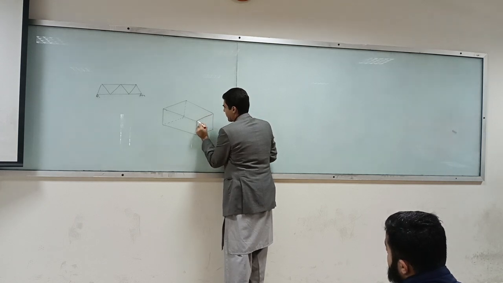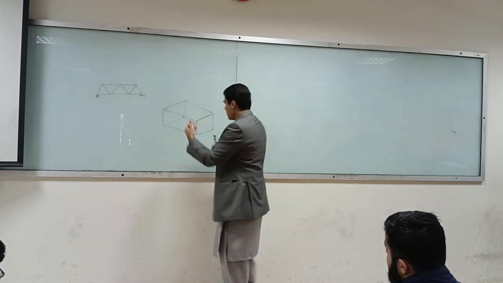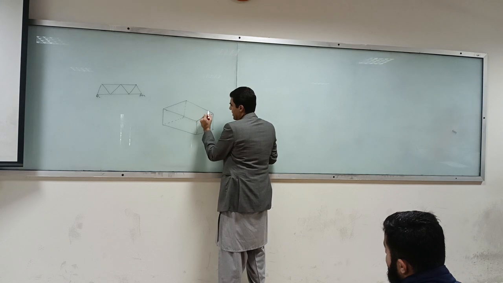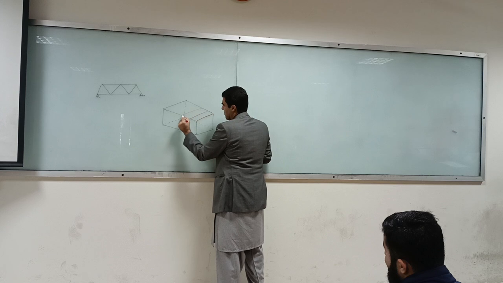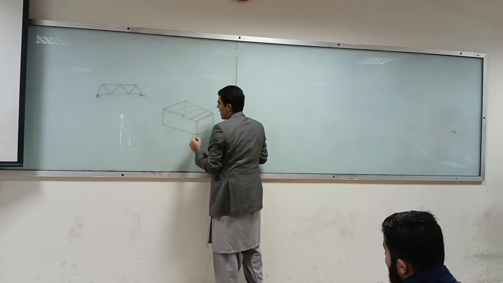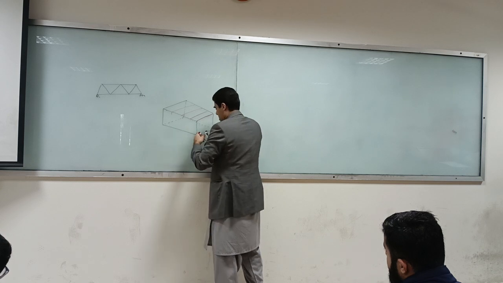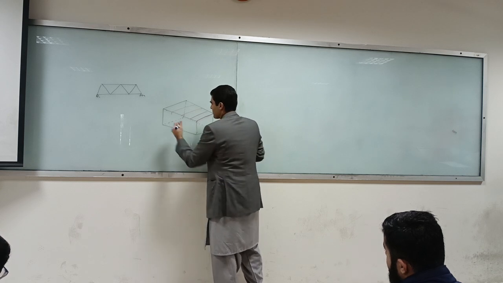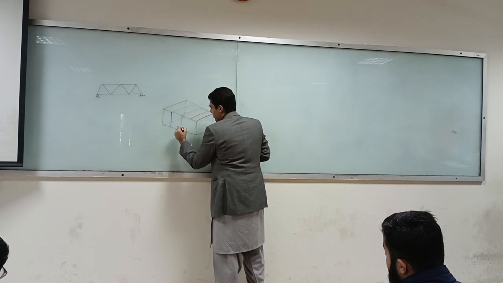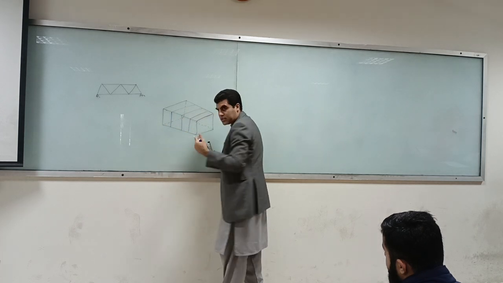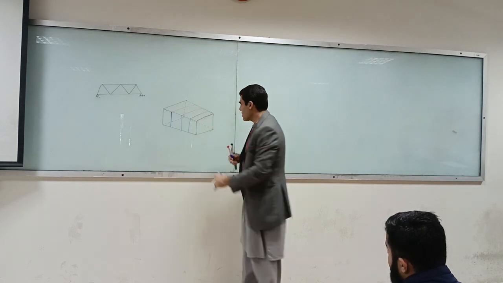I'm just showing the truss with a single line. Okay, this might be a truss like this. And we normally put a series of trusses. Okay, these trusses are connected to. The main idea is to bring the load down to the ground. That's what is going on, isn't it? You have got load at the top and that load must be brought to the ground.